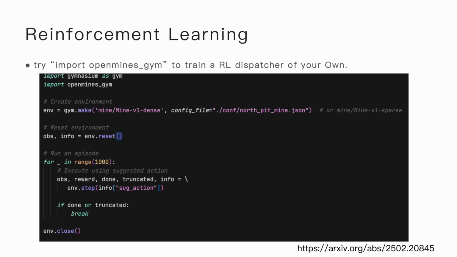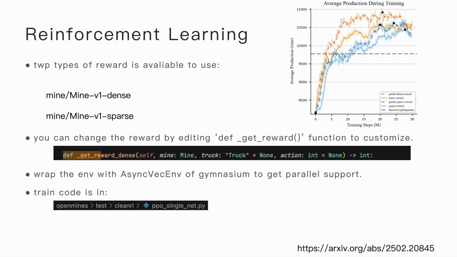It also gives suggestions inside the info. You can use this info suggest action to guide your policy. If you are interested in the details, you can visit the link to your right.